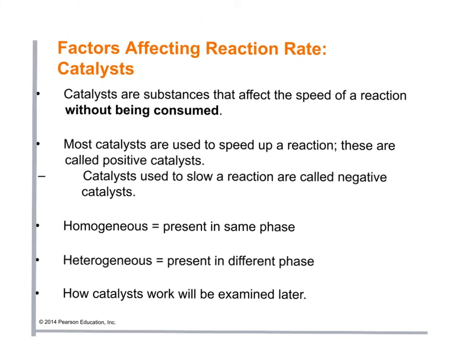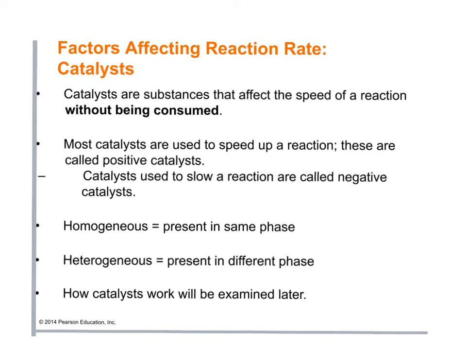You can affect the reaction rate by introducing a catalyst. Okay. And catalysts are substances that speed up the reaction, but they're not consumed. They're not actually a part of the reaction. They're just speeding it up. Positive catalysts are the most common, but you can in some cases want to slow a reaction down.